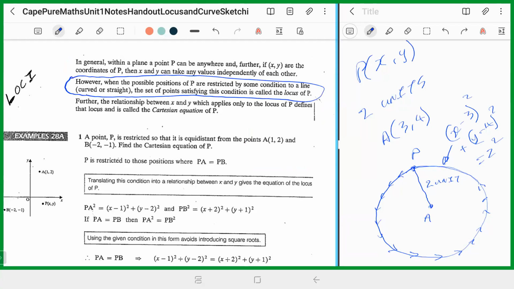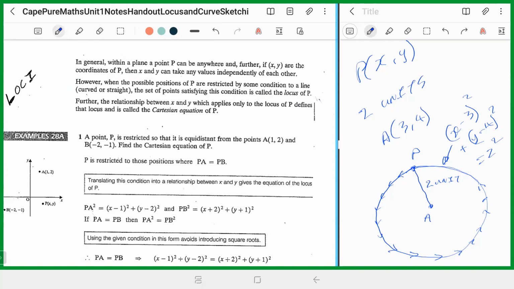It says, however, when the possible positions of that point P are restricted by some condition to a line which is either curved or straight, the set of points satisfying this condition is called the locus of the point. That set of points is called the locus.